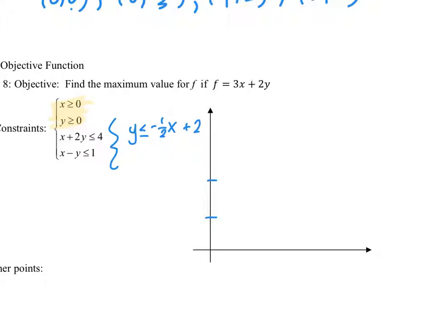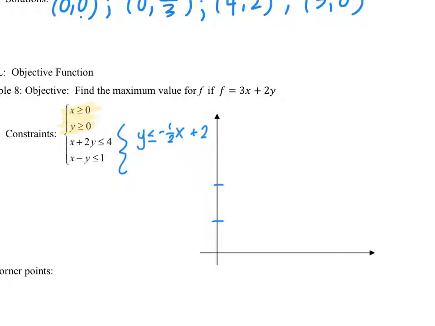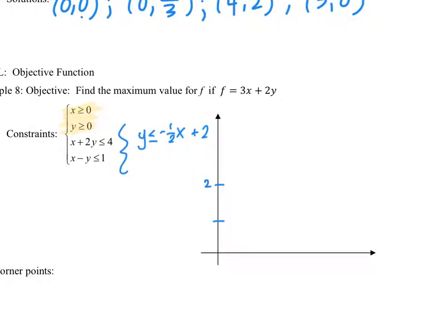So plus 2, I'll mark that off. And my slope is down 1 and over 2, and down 1 and over 2. That gets me to 4. And I'll connect those. And less than means I shade beneath.